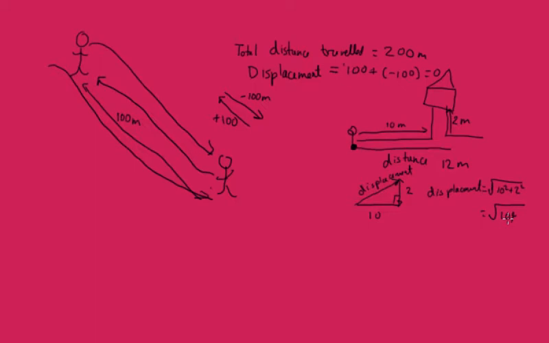Square root of 104 is 10.2 metres. So that would be our displacement. And we think of it as the distance, but in relation to the origin where we started off.